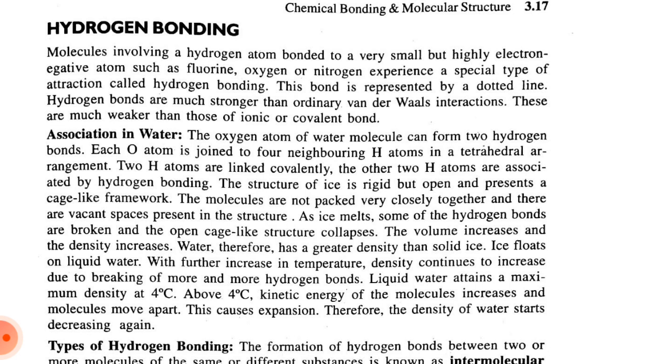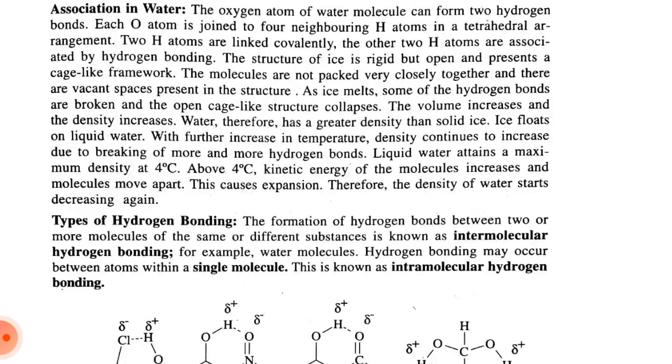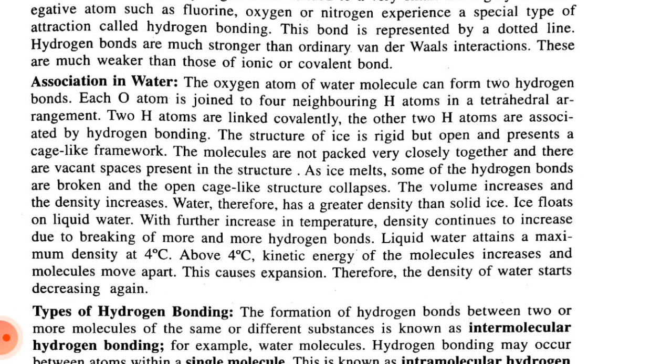Association in water. The oxygen atom of a water molecule can form two hydrogen bonds. Each oxygen atom is joined to four neighboring H atoms in a tetrahedral arrangement.